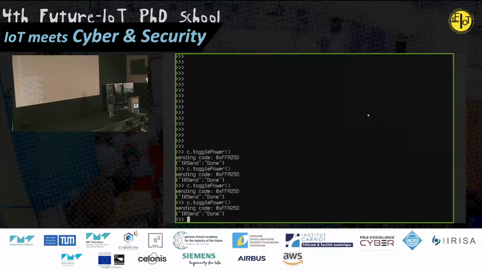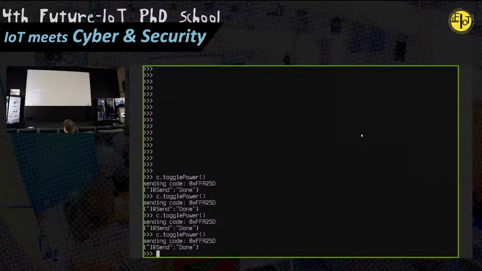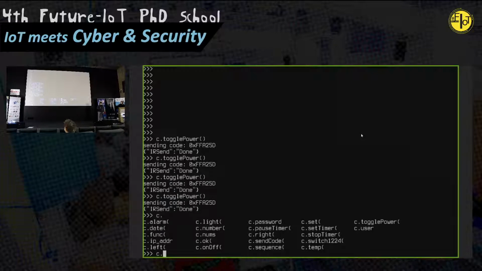We have all of the functionalities that are on the remote control, as you see with the autocomplete. And we also have the opportunity to do automation. For the set time, you need to use different buttons in succession.